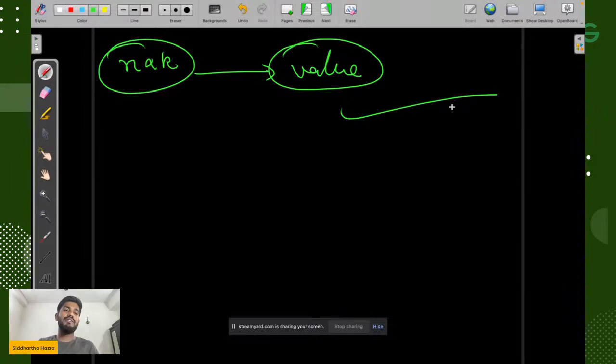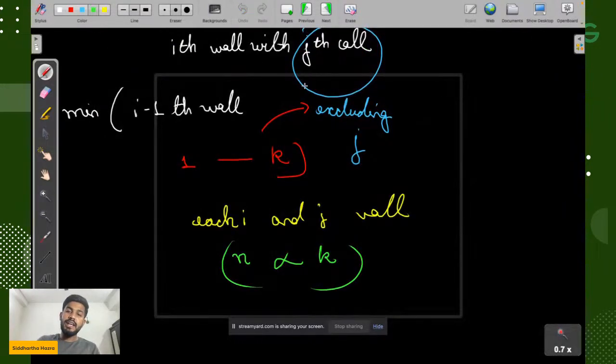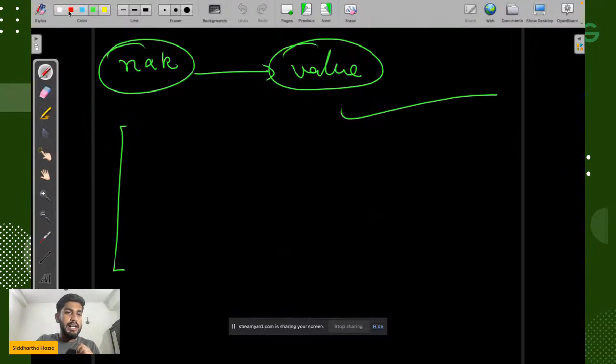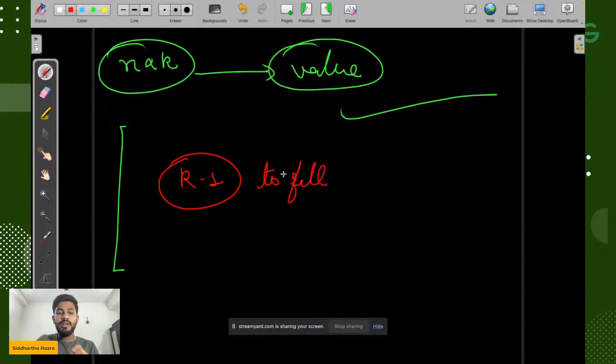Now to fill one value, we are iterating from 1 to k and only 1 is getting excluded. We are iterating from 1 to k, but the last element that is used, I am just excluding that. So it means I am doing k minus 1 operations to fill each value.